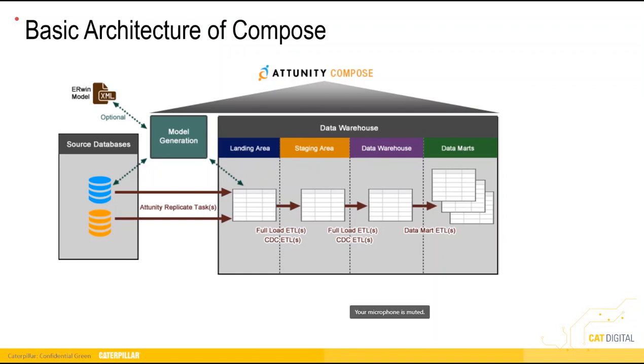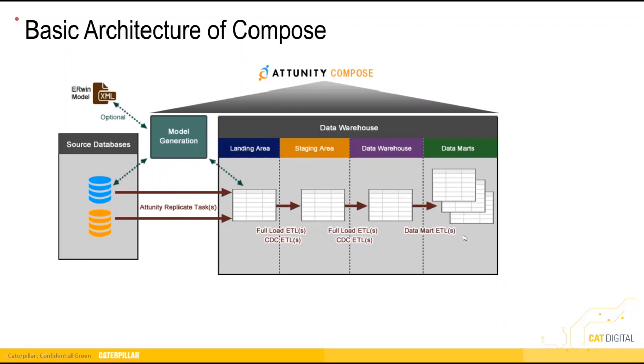In our project, we are using our own customization because the Erwin data model is very complex in our scenario and is not working in Compose. So we are creating our own model, and we are creating a data warehouse with customization, and creating data marts.